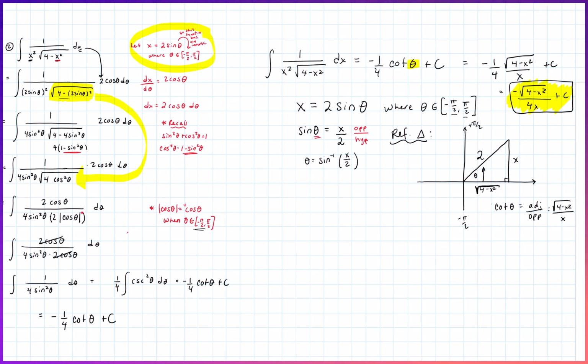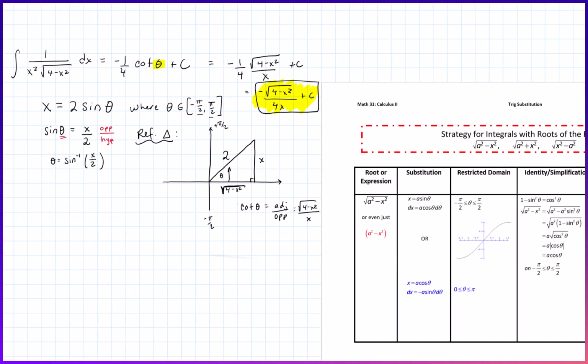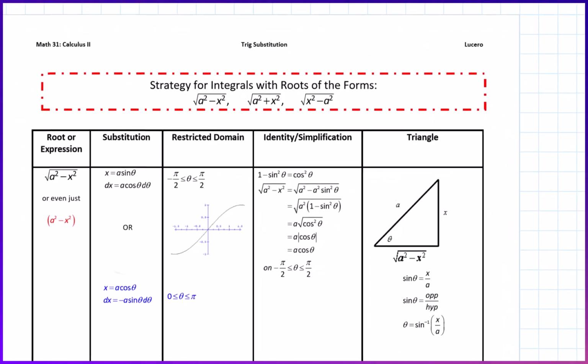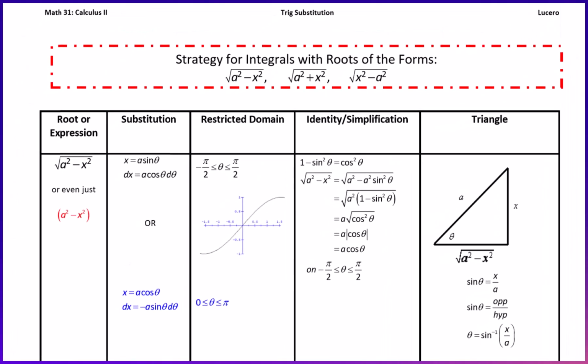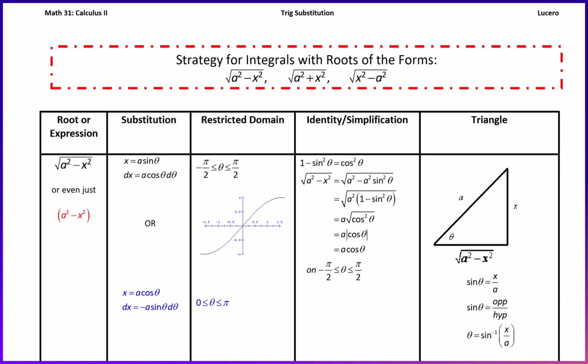And trig substitutions are good for roots of the form a squared minus x squared. I'm going to scooch this over here and talk about this strategy now. They're especially useful for roots of the form a squared minus x squared, like the one we just did, roots of the form a squared plus x squared, and roots of the form x squared minus a squared.